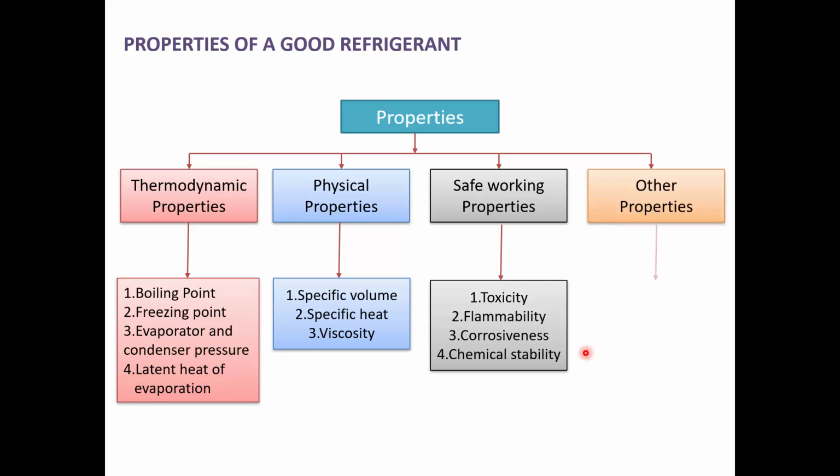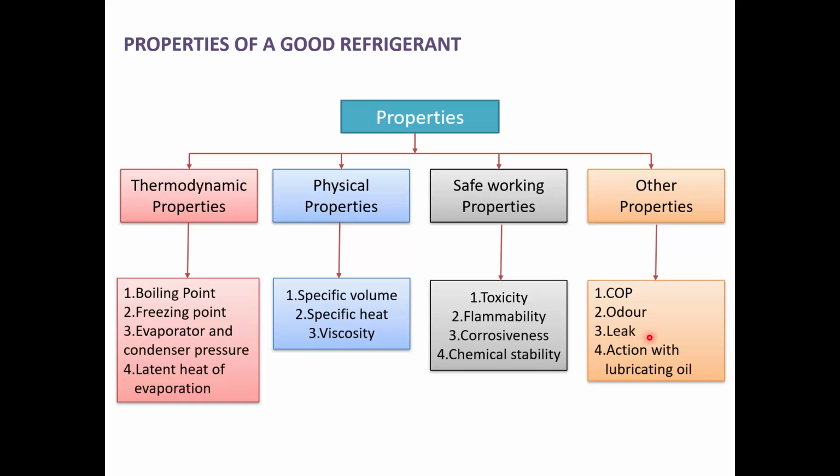Other properties. COP. The coefficient of performance of a refrigerant must be high so that the energy spent in refrigeration will be less. Second, odor. A good refrigerant must be odorless, otherwise some foodstuff will lose their taste.